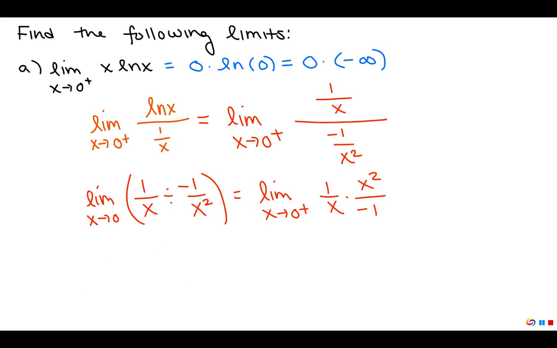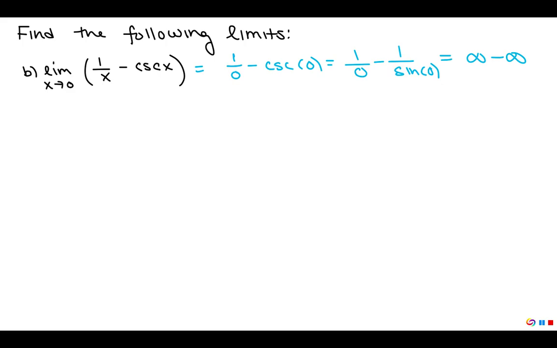And then we can actually cancel an x out of the top and the bottom, and I'm left with the limit as x goes to 0 from the right of negative x. So I was actually able to simplify this all the way down to negative x. We're still approaching 0 from the right. So finally, I'm going to plug the 0 in. Well, negative 0 is still 0. And that's my final answer. This limit goes to 0.